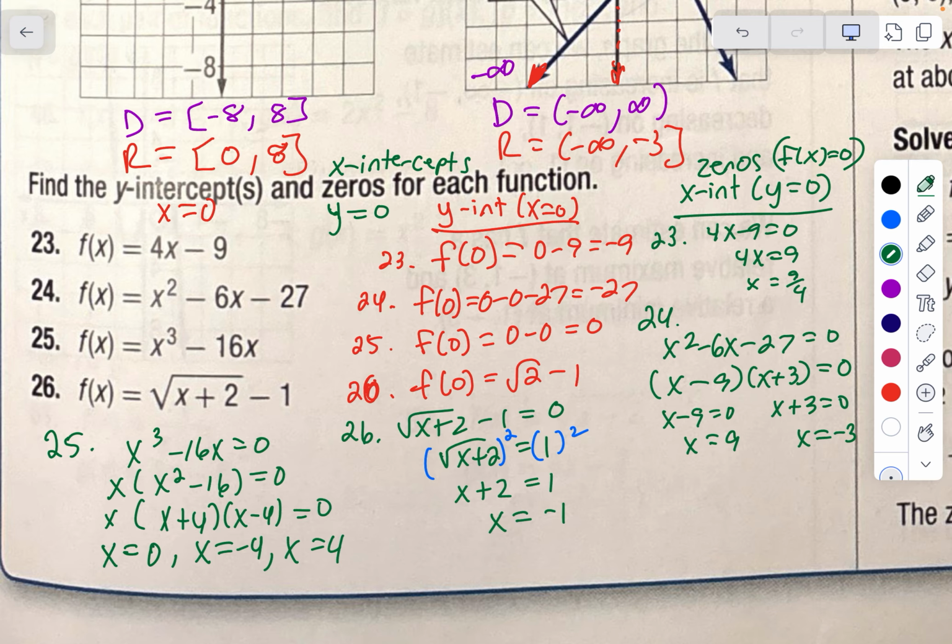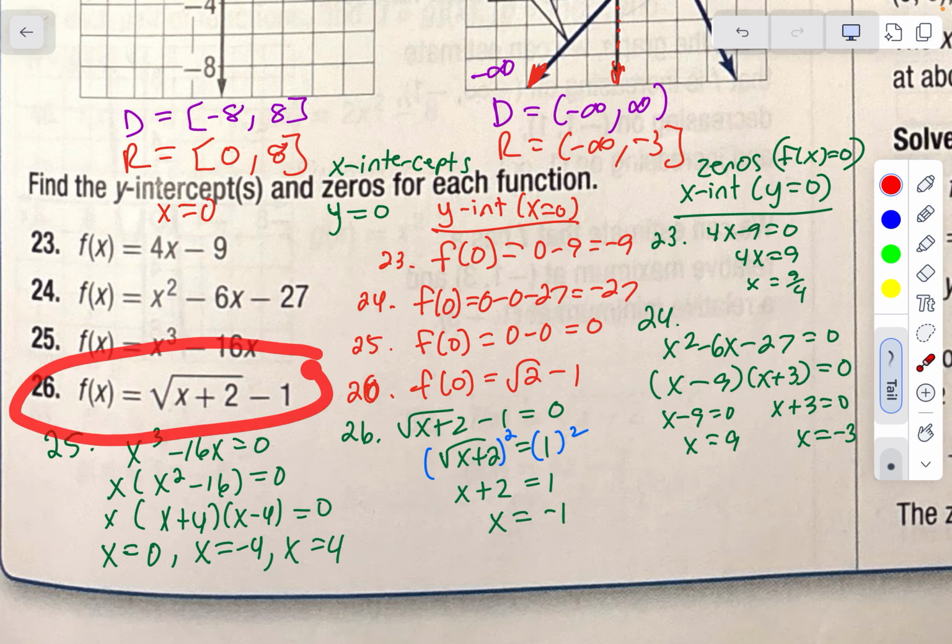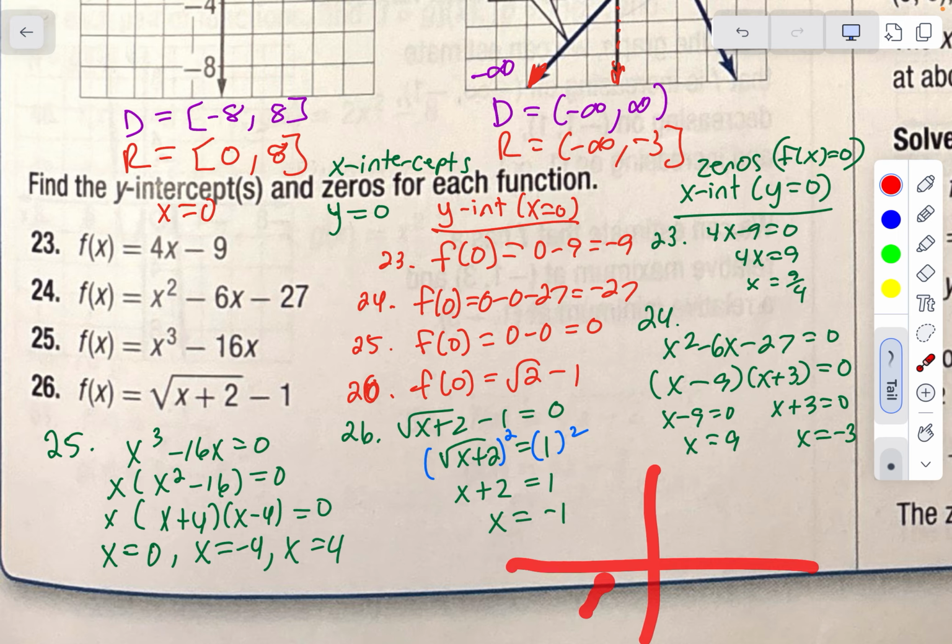So that one only has 1 x-intercept. Take a look for a minute. We know what that looks like. Okay, I'm going to draw it for you, kind of. It looks like a square root like that. So it makes sense that it hits the x-axis at -1, hits the y-axis at square root of 2 minus 1, which is like 0.4.